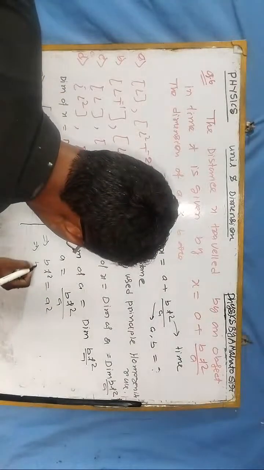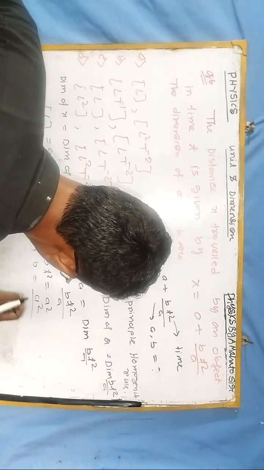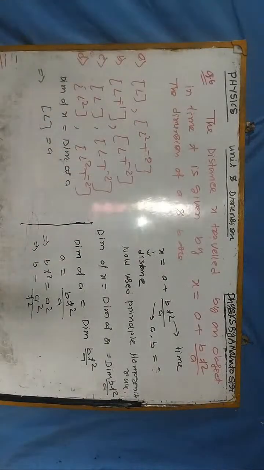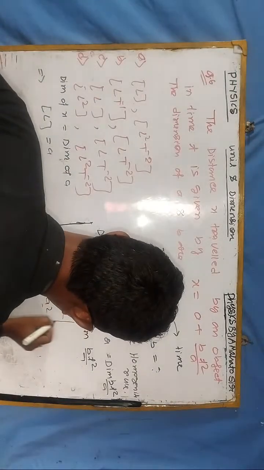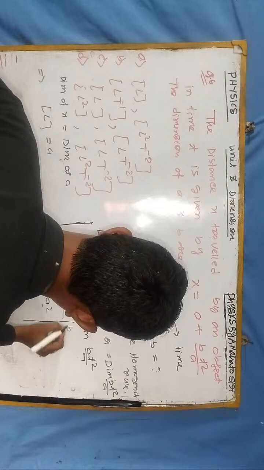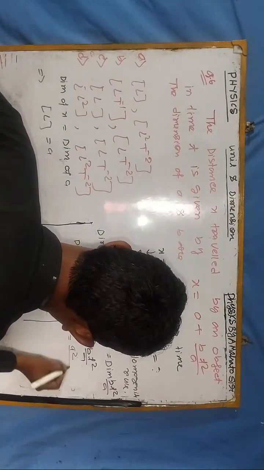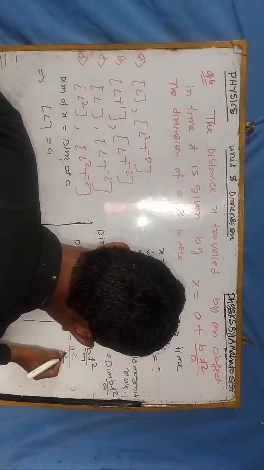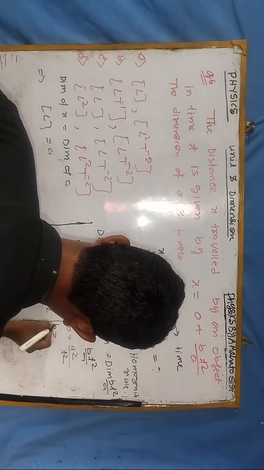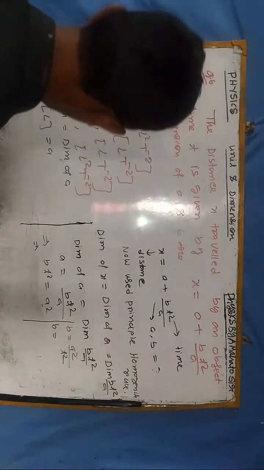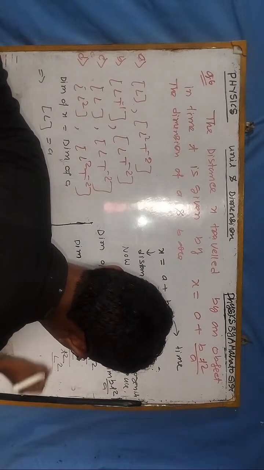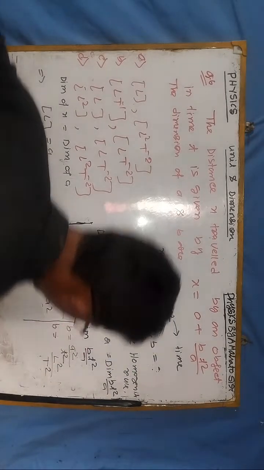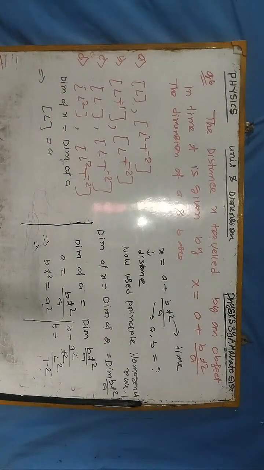Then b equal to a square by t square. Here dimension of a is L square, so dimension of b is L square by t square.